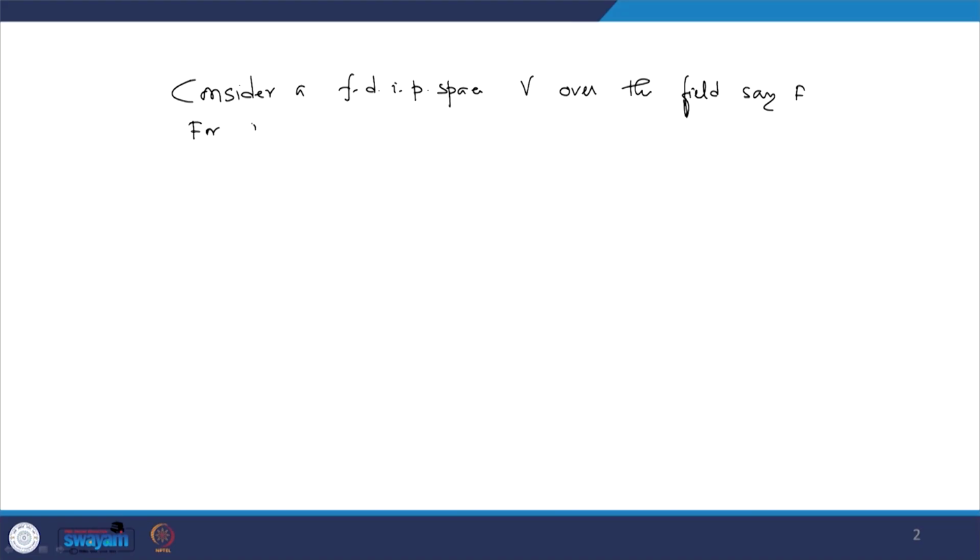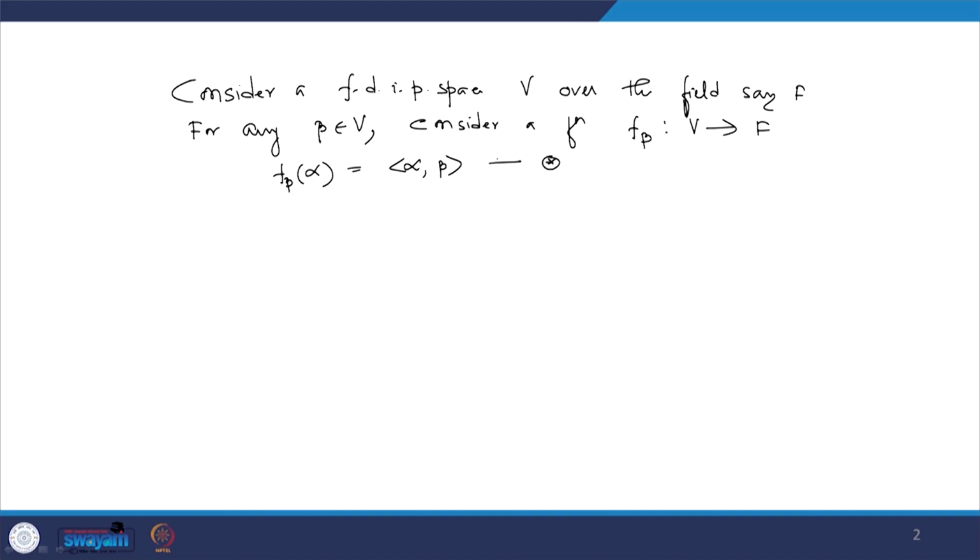For any beta belonging to V, consider a function f beta defined from V to capital F, such that f beta of alpha equals the inner product of alpha, beta.